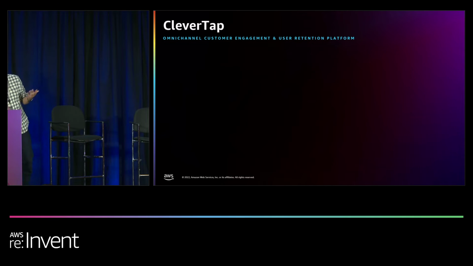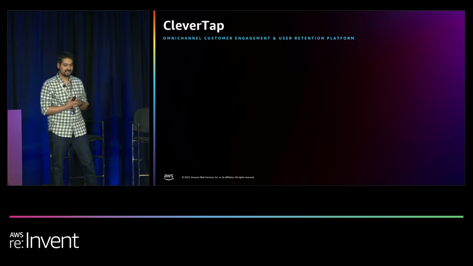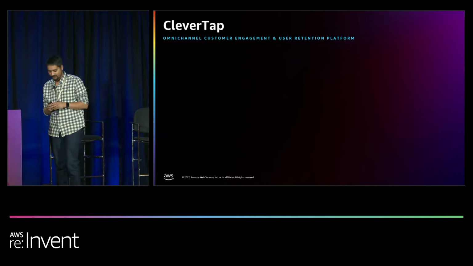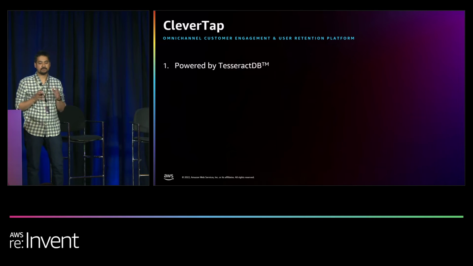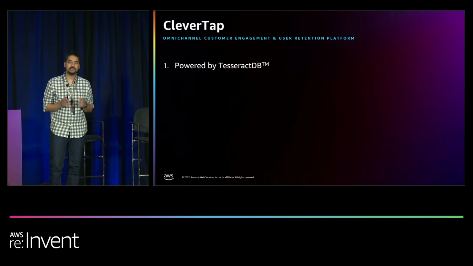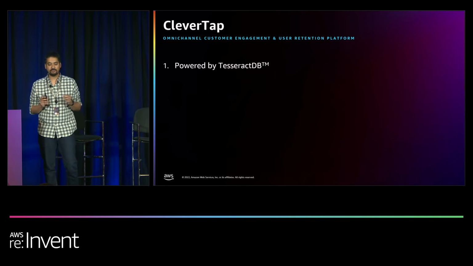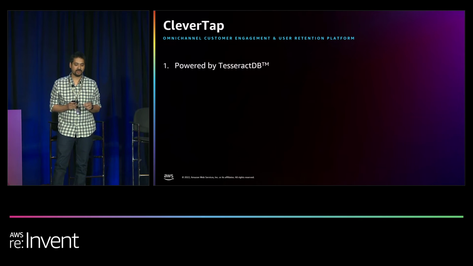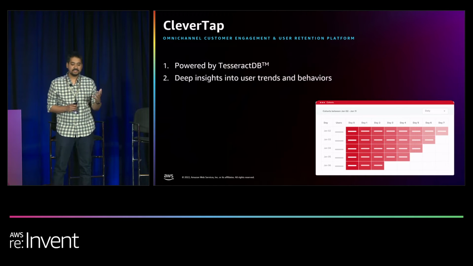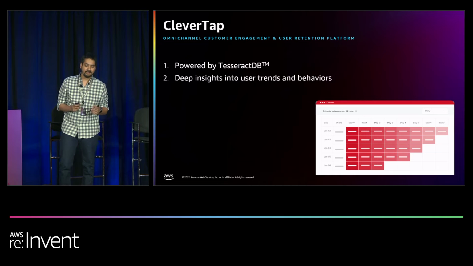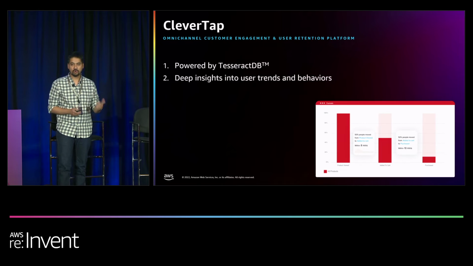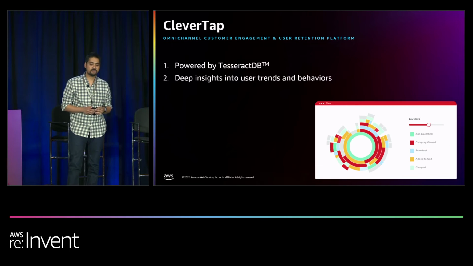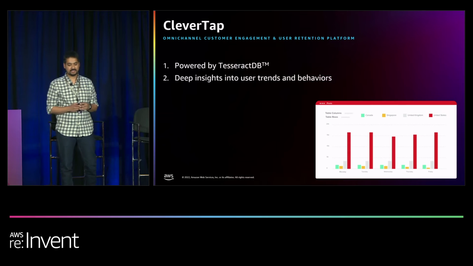All right, so CleverTap, just to give you some background, is an omni-channel customer engagement and user retention platform. Powered by TesseractDB, the world's first purpose-built database for user engagement and retention that delivers incredible performance, lightning-fast data processing, and unlimited secure storage capability. This enables us to surface and report unparalleled analytics and insights into user behaviors and trends via cohorts, funnels, trends, flows, pivots, and insights.